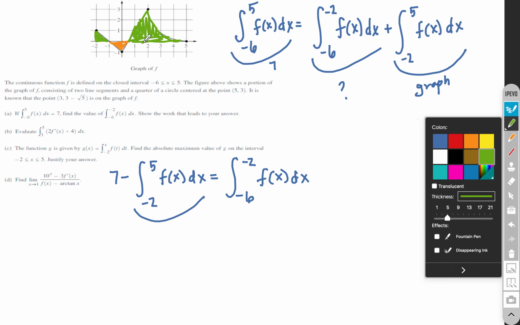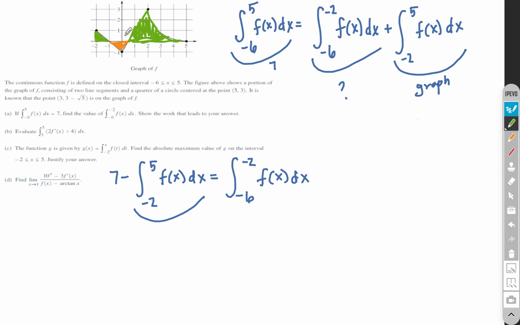All of that. So that's what this integral is going to represent. It's going to represent these two green pieces plus this orange piece. The two green pieces are going to be positive area and the orange piece is going to be negative area.